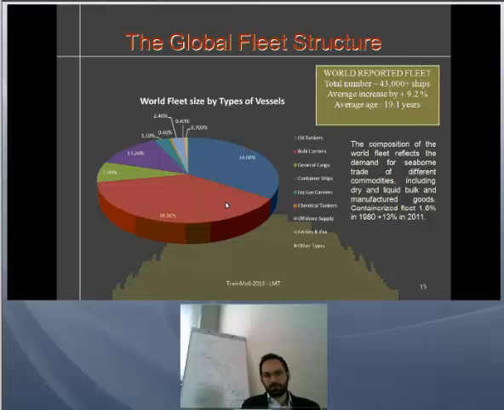As we previously said, we can see the great increase in the containerized fleet, which accounted for 1.6% in 1980 and now represents more than 13% of the world fleet.